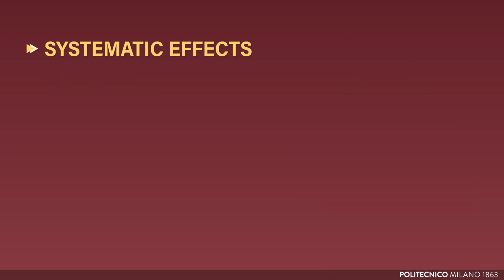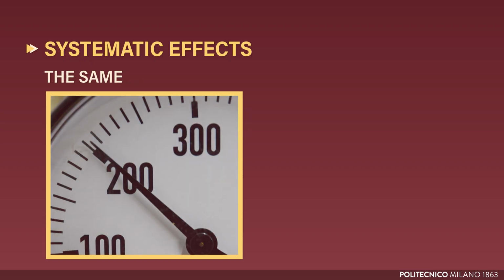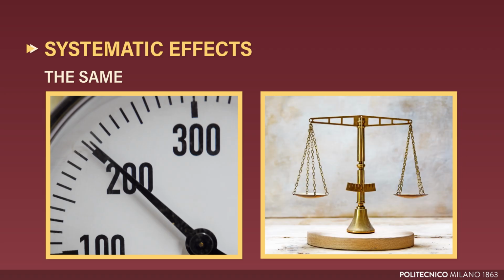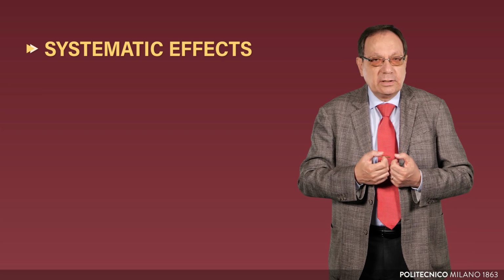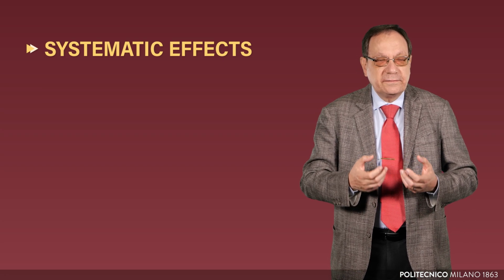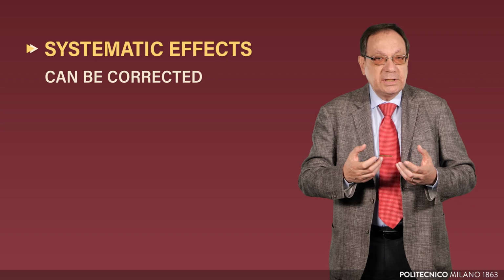They are effects that always repeat in the same way, such as a bent pointer that always produces the same reading error, or a beam balance with one arm longer than the other. The interesting aspect of errors due to systematic effects is that they can be corrected.